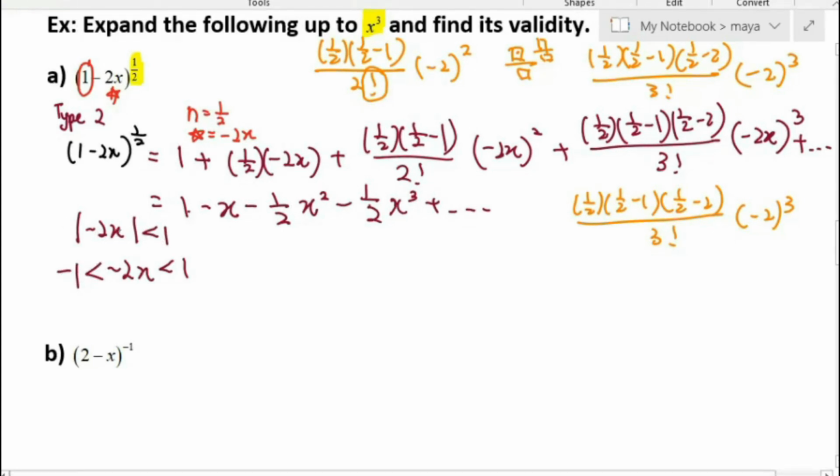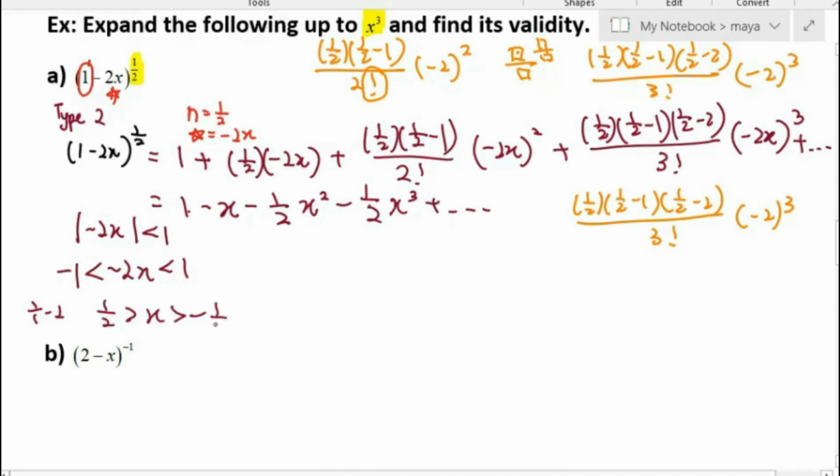Okay, so continue here for validity: modulus of negative 2x less than 1. Just use the basic definition to define your modulus less than. This is simply x just less than negative 1. So now I want to simplify this negative 2. Divide by negative 2, it will become 1 over 2, change the sign.